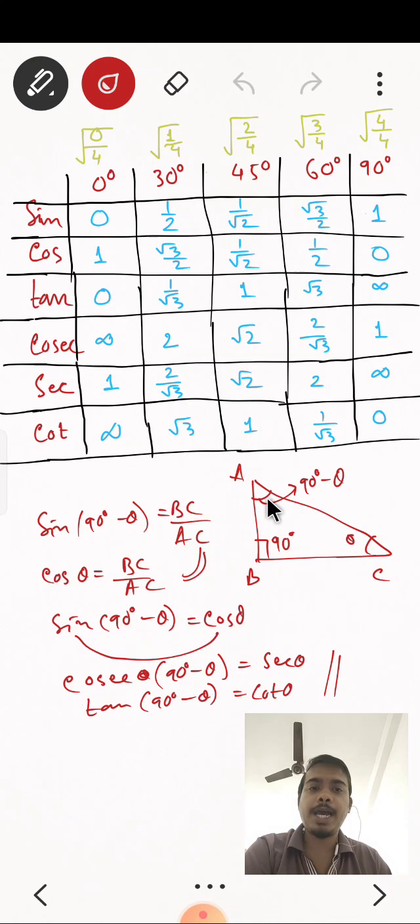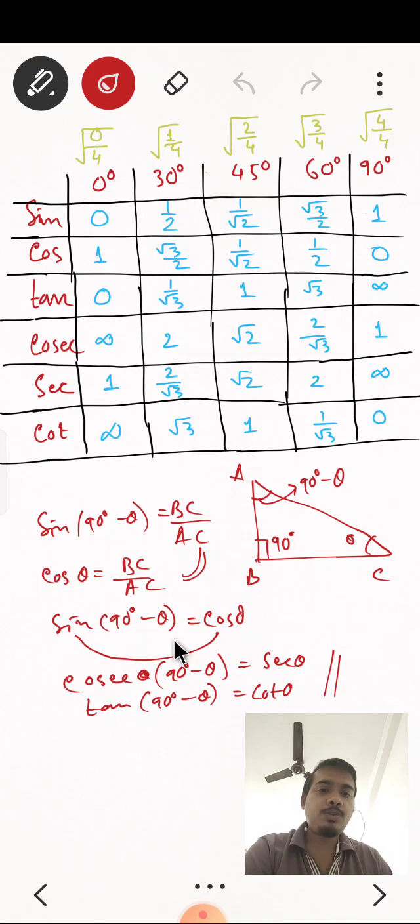This is our height, the side opposite the angle of interest, BC by hypo, this AC, so BC by AC. Similarly, if we calculate cos theta, what will we get? Cos theta is basically BC by AC, because this will then be the base by hypo. So BC by AC is cos theta. So we can check that these are the same: sine of 90 minus theta equals cos theta.